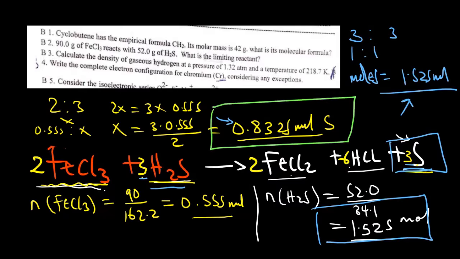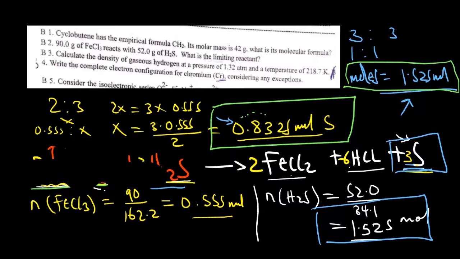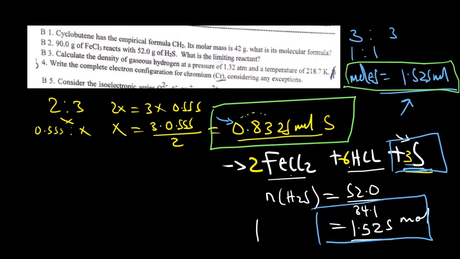So our limiting reactant will be this one. We can now conclude that our limiting reactant is simply FeCl3.